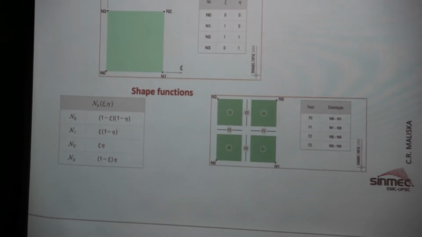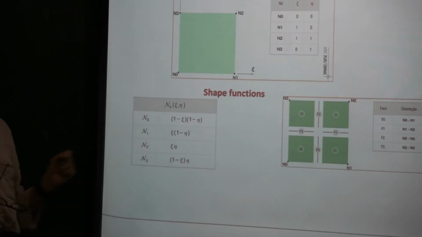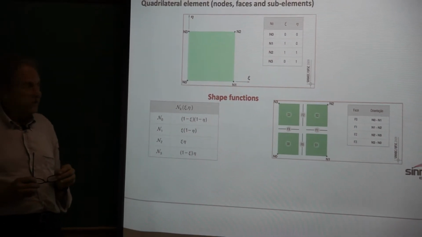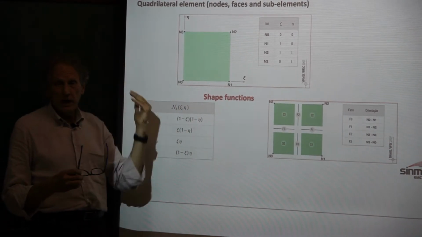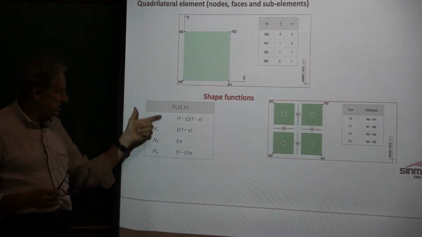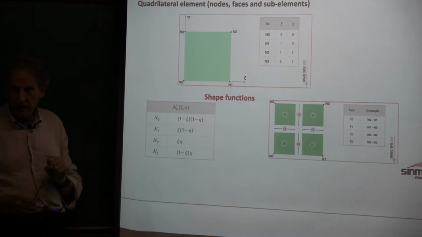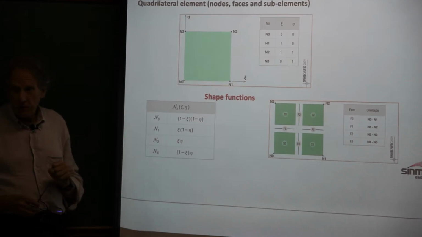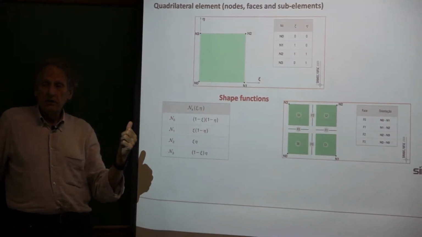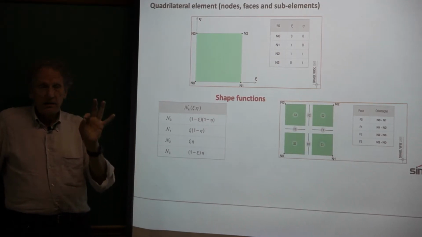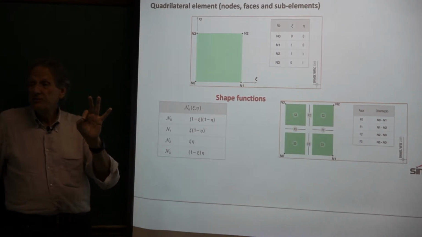Depending on where you put your axis, they are different, of course, right? If I put my axis in the center, it's minus 1, 1. See that it changed how the shape functions look. But the geometry is the same. It's the square, but in the one that we have shown before, xi and eta are in the center.